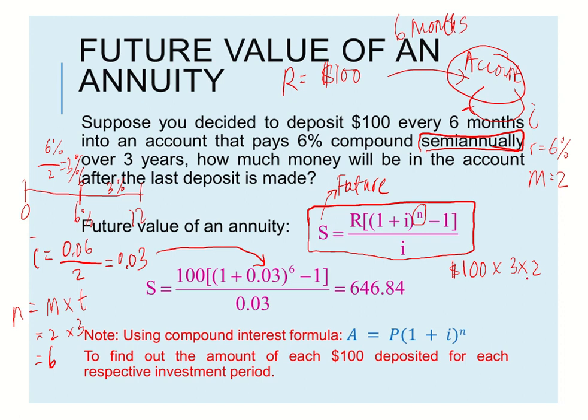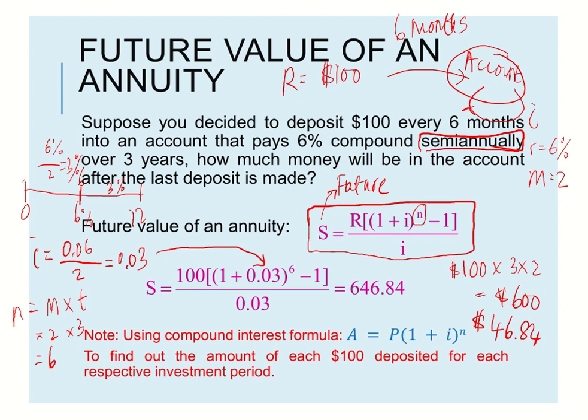Therefore, you are going to pay $600. $600 is the money you pay every 6 months into the account. So after 3 years, you have paid $600. From here, we know that the $46.84 is actually interest generated by the money inside the account.